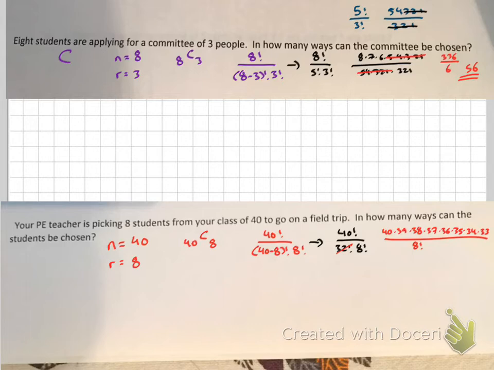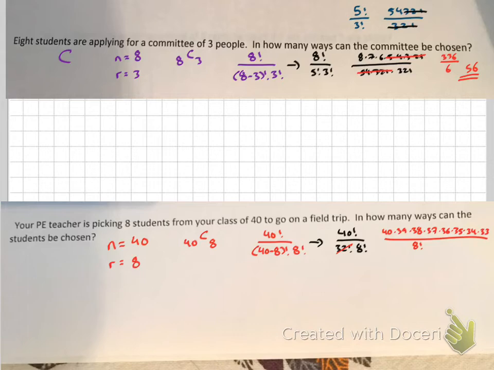Okay? So now, your calculator might struggle with this. But just see if you can do it. So you're going to do 40 times 39 times 38 times 37 times 36 times 35 times 34 times 33. It's a really big number.